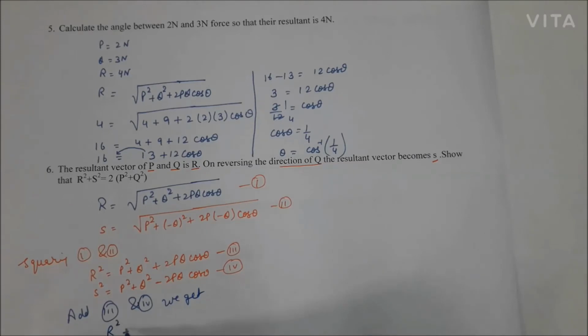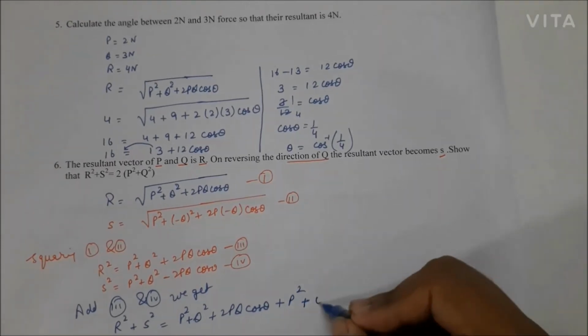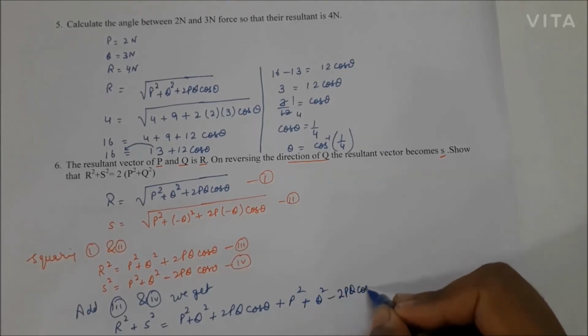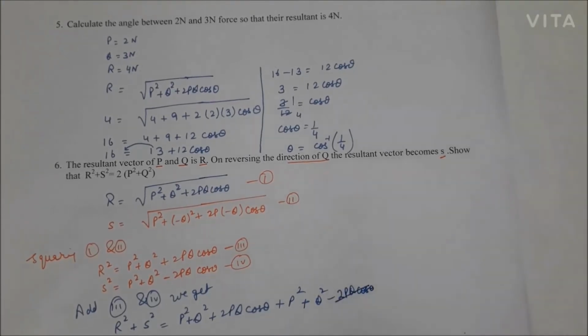R square plus S square is equal to P square plus Q square plus 2PQ cos theta plus P square plus Q square minus 2PQ cos theta. Now this minus 2PQ cos theta cancels out with plus 2PQ cos theta.